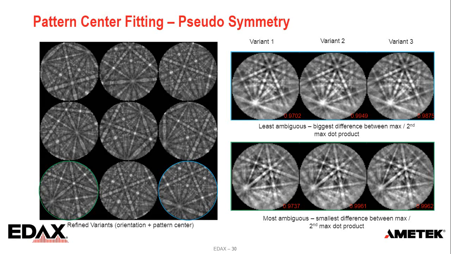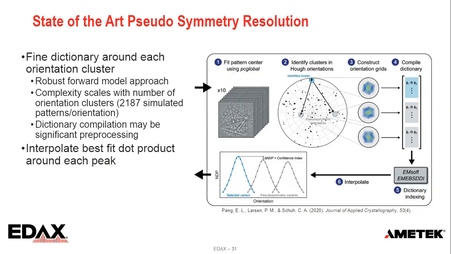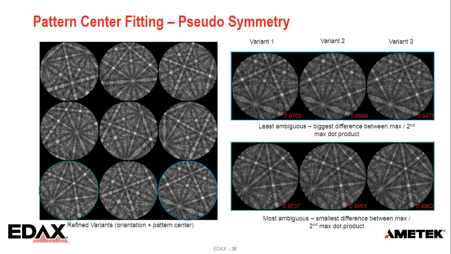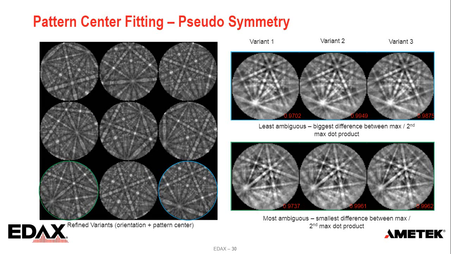The blue one on top here has the biggest difference between the best variant and the next best variant. In this case, variant 2 is the best with a normalized dot product of 99.49% compared to variant 3. And the green one is the smallest difference.